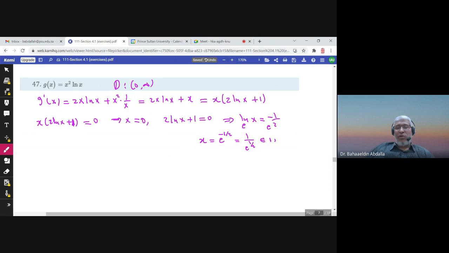So it belongs to the domain of g, and 0 does not belong to the domain of g. So 0 cannot be a critical number because it's not in the domain of g. So the only critical number of this function is e to the power negative half.